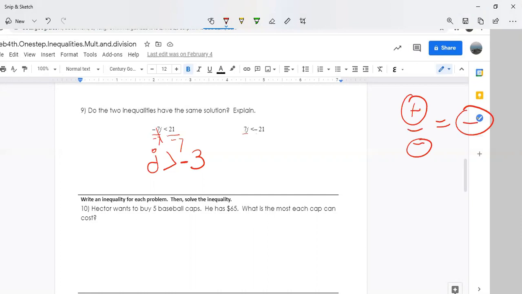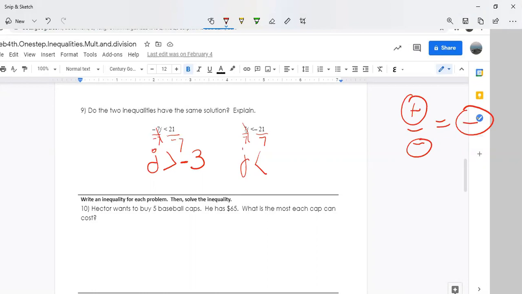Here I'm going to divide both sides by positive 7. Okay. And I don't have to switch the inequality because I divided by positive. We're going to switch it when we divide by negative. Here, I did not divide by negative. So the inequality symbol stays the same. And I'm left with J here.